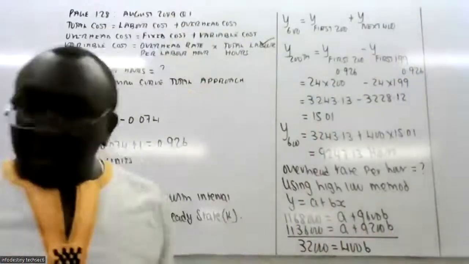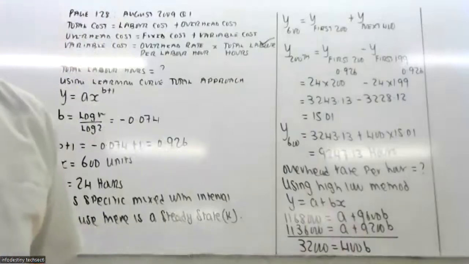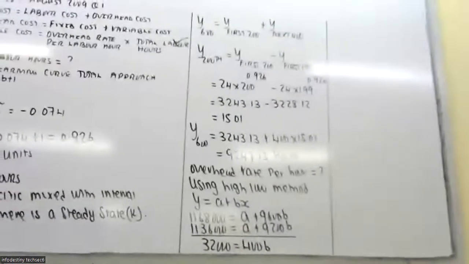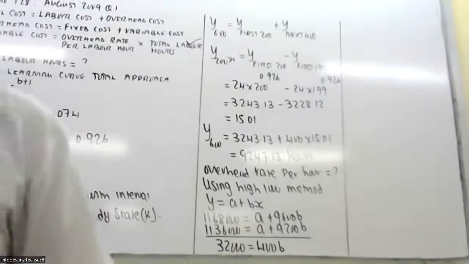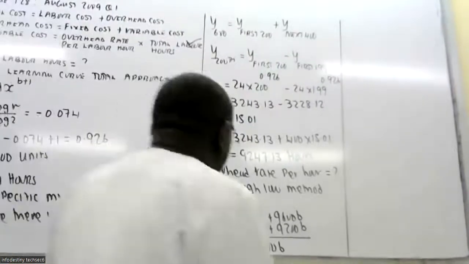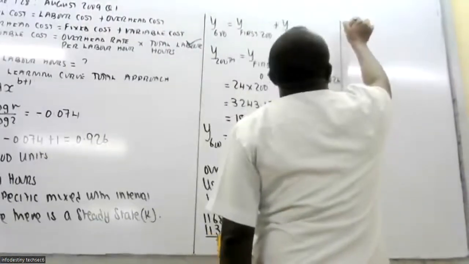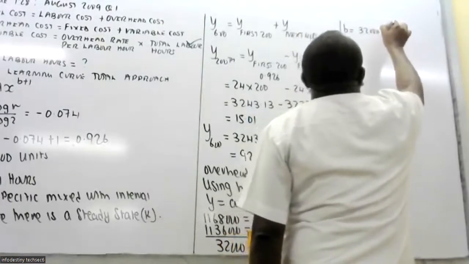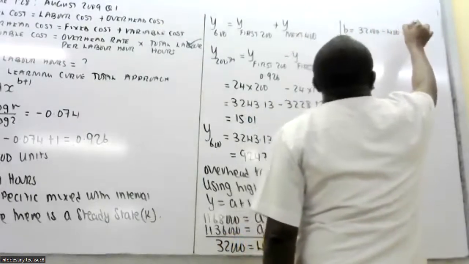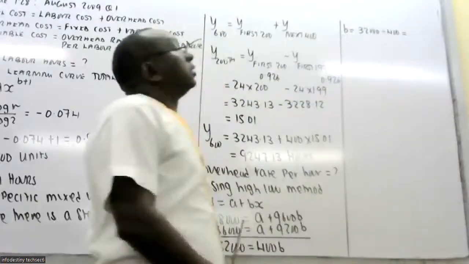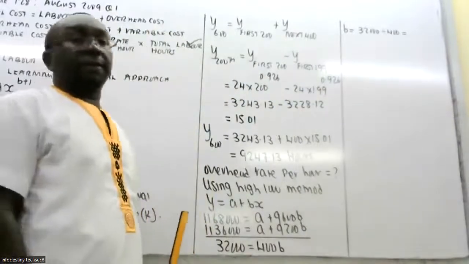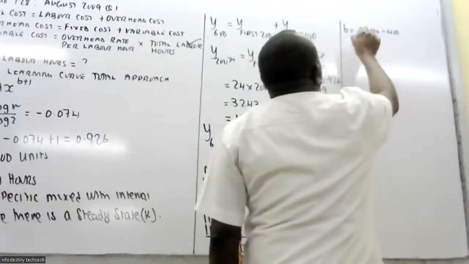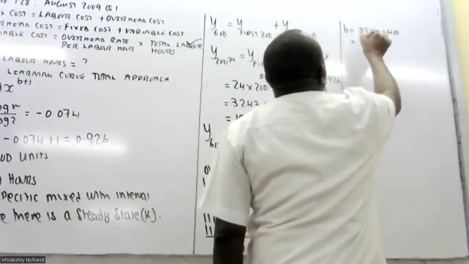If it is 400b, let's look for b. b will be that 32,000 divided by 400, and that is 80.